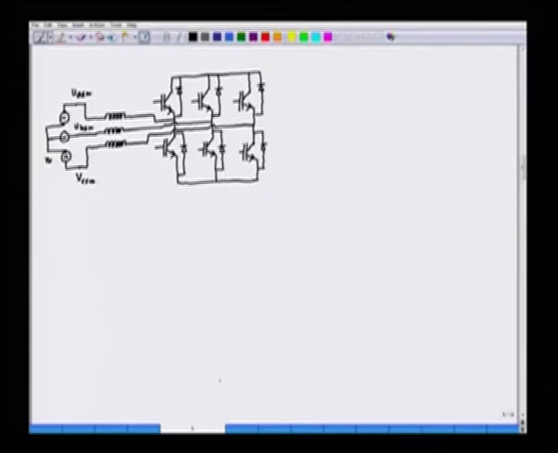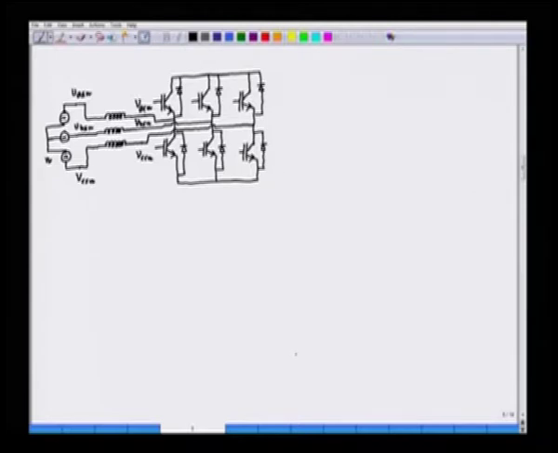Similarly, here we have the converter here. So, we can call this as V A C N, V B C N and this is V C C N. C stands for the converter, and these two are linked by means of an inductor.